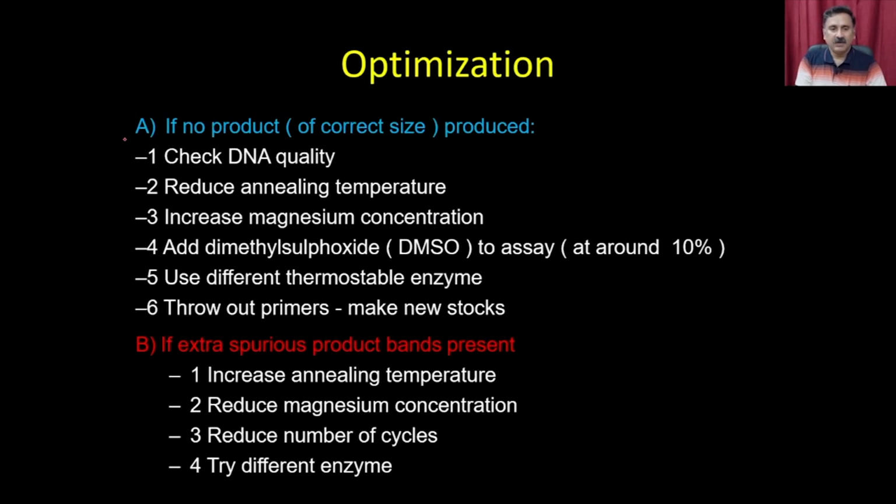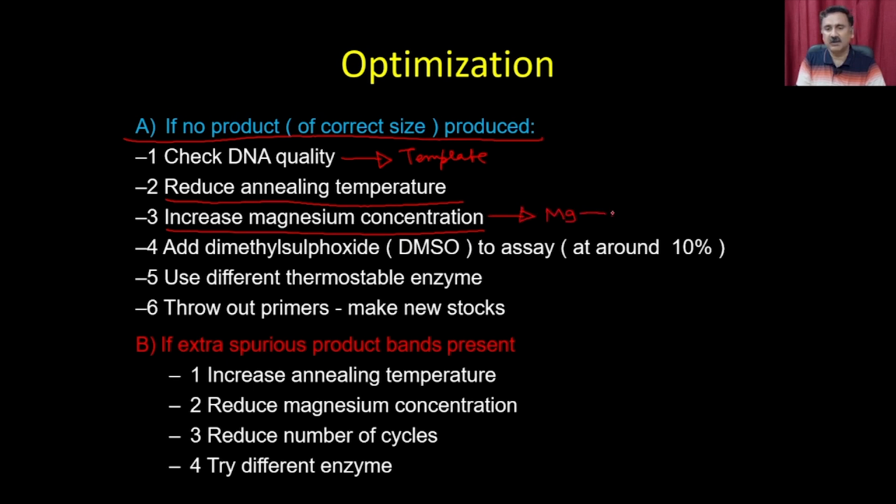In one condition, if no product is produced, what can you use to optimize? You can check the DNA quality, which means the quality of the template. You can reduce the annealing temperature. You can increase the magnesium concentration because magnesium is a cofactor. Magnesium forms a complex with ATP, and that's how it is essential for the Taq DNA polymerase to perform the polymerization reactions.